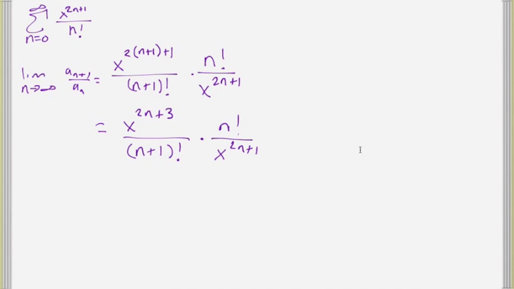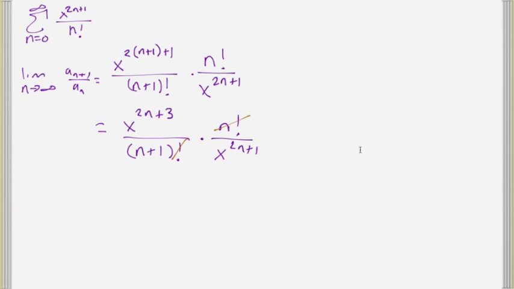Got it. So factorials: n plus 1 factorial means n plus 1 times n and so forth. N factorial means n and so forth. So this cancels everything except for the n plus 1. On the exponents, what is our rule when we're dividing?